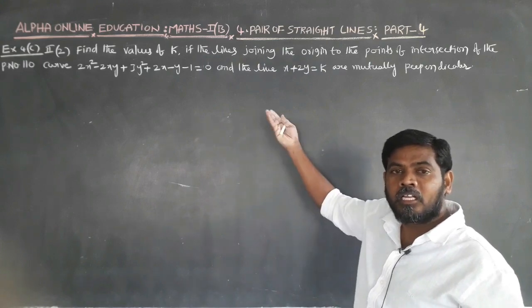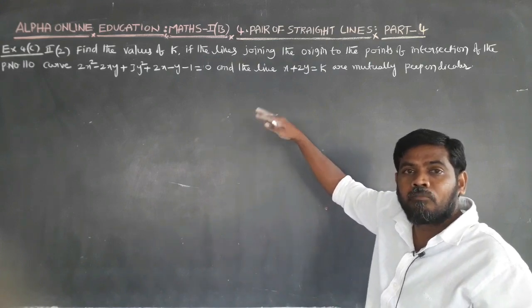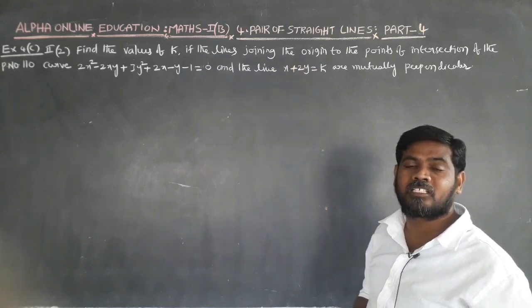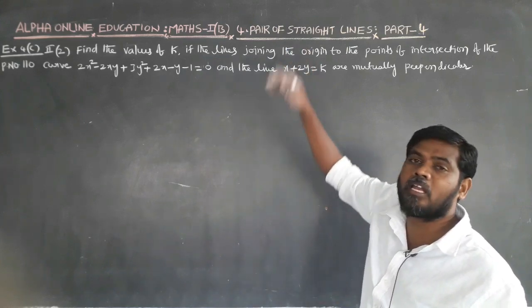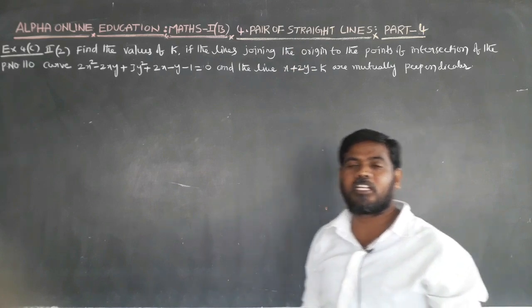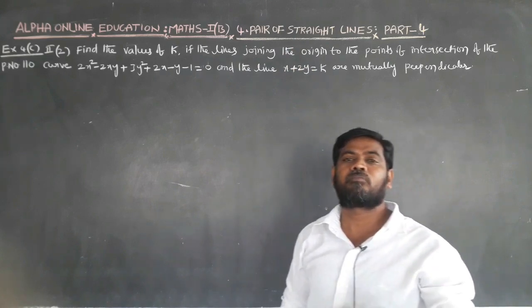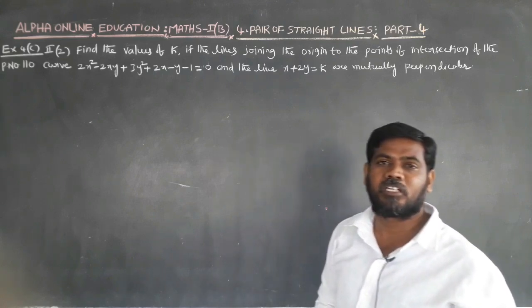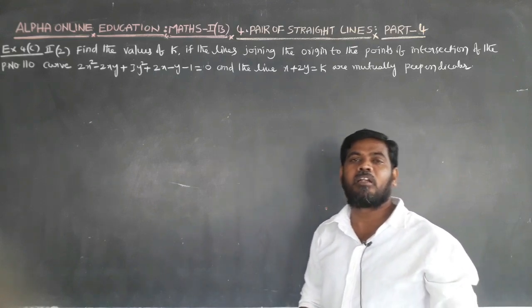Here it is already given that the lines are mutually perpendicular, which means the angle between the two lines is 90 degrees. Find the value of k. First of all, find the equation of the lines joining the origin to the points of intersection of the curve and the line.